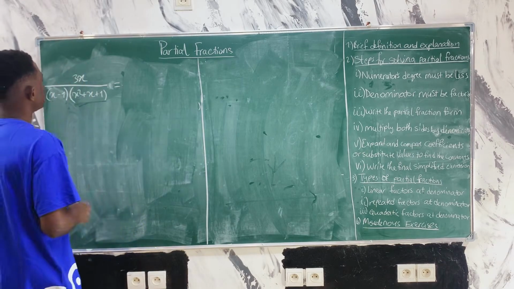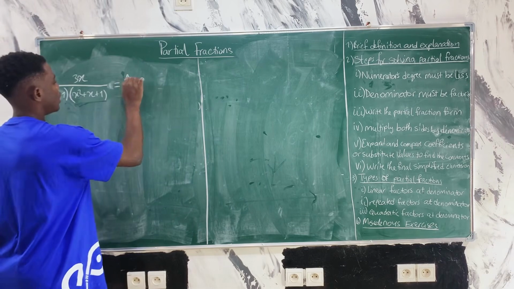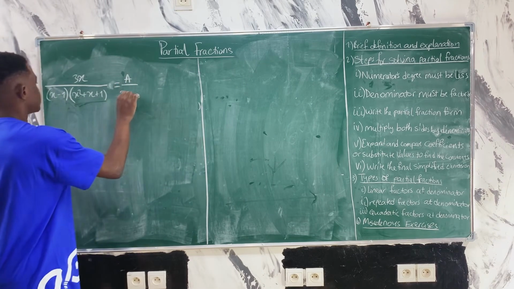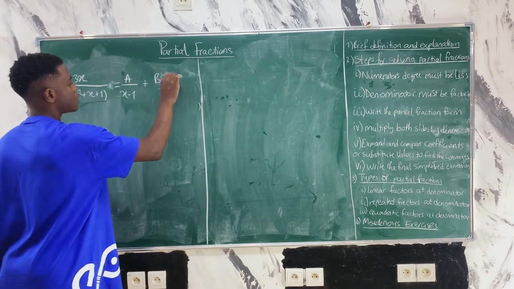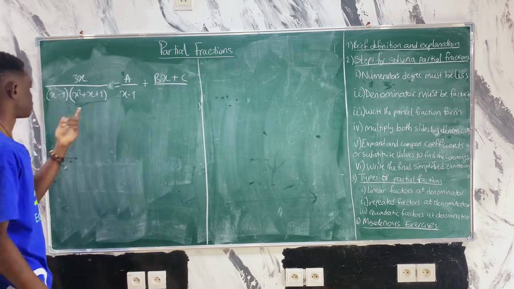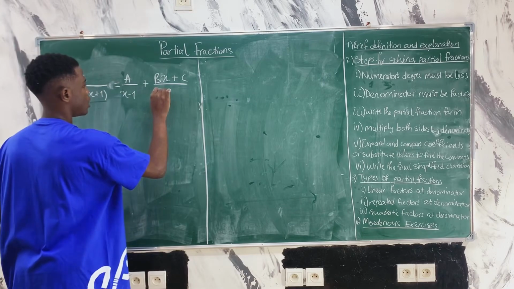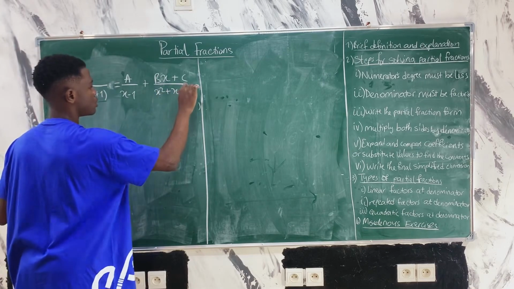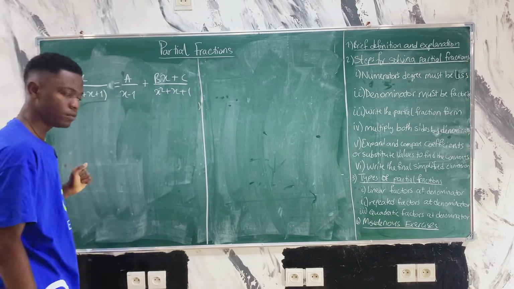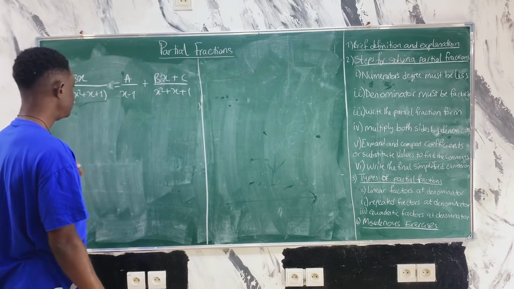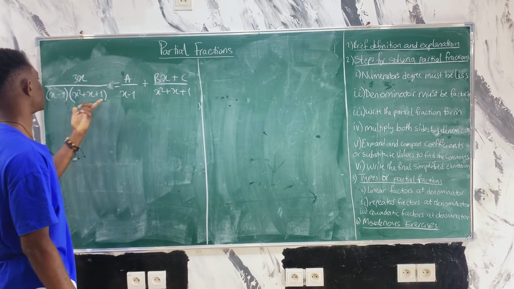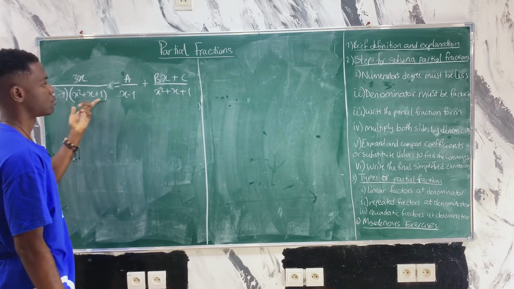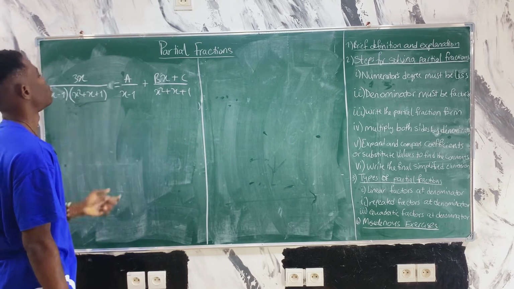Okay, so the partial fraction form of this is A on x minus 1 plus Bx plus C for this one, which is x squared plus x plus 1. So as we said, for a quadratic expression, you write it in this form.